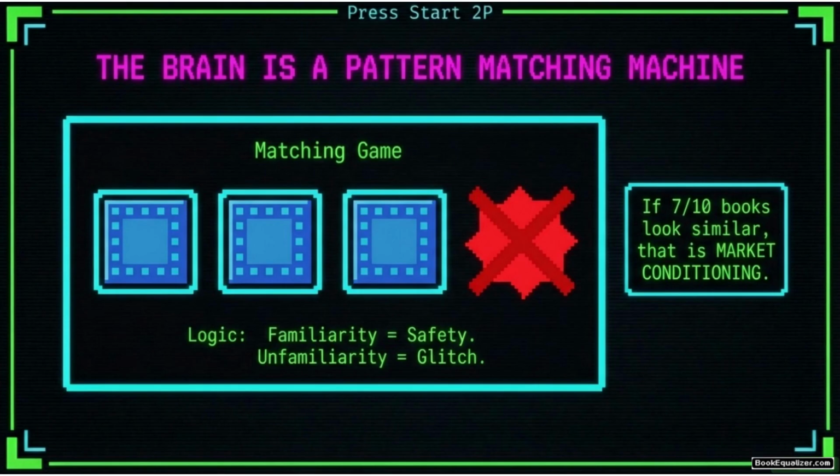That's the pattern your buyers have been trained to recognize and trust. The logic is simple. Familiarity equals safety. Unfamiliarity equals glitch. When your cover breaks the pattern, buyers don't see creativity. They see risk, and risk kills conversions. This is why studying your competition isn't copying. It's understanding the visual language your market already speaks.